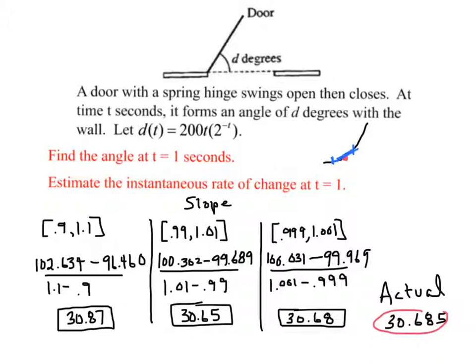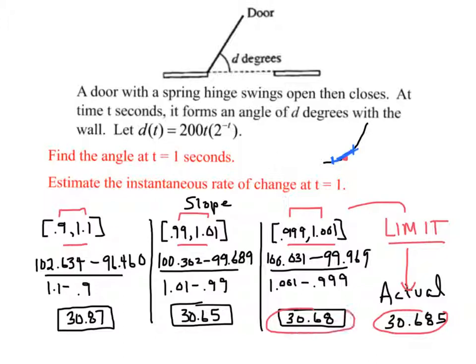So we say that this is what's called a limit: as we make our intervals smaller and smaller, the limit is the actual answer. And you'll see that by going from a tenth to 100th to 1,000th, how close we have gotten to the actual slope.